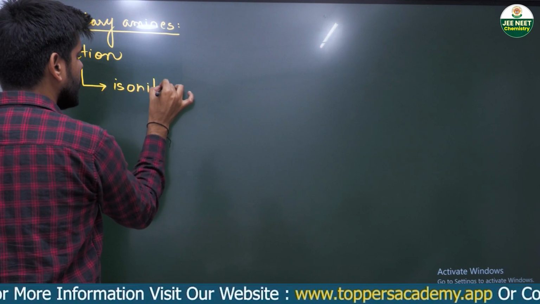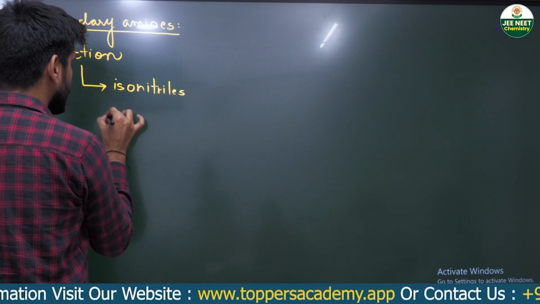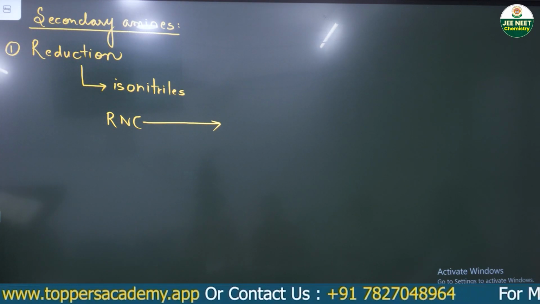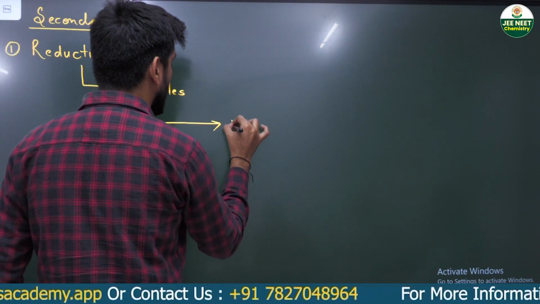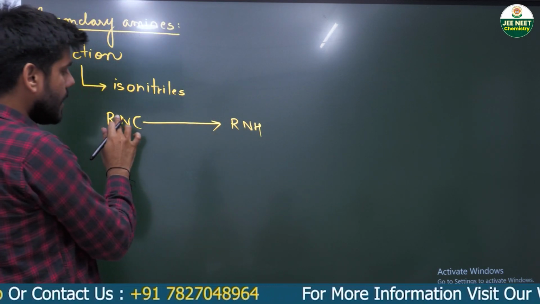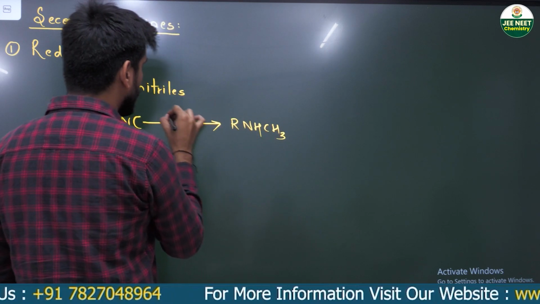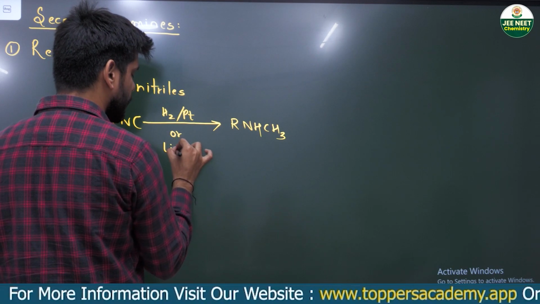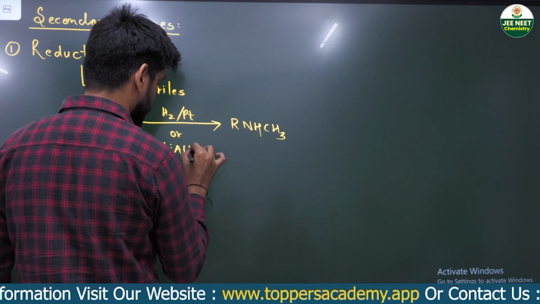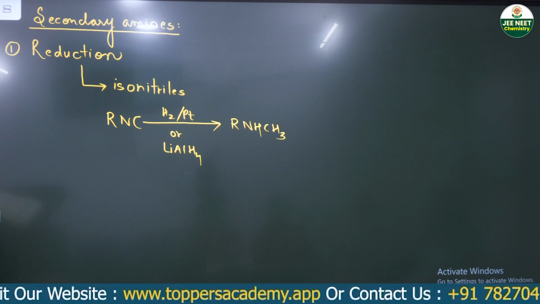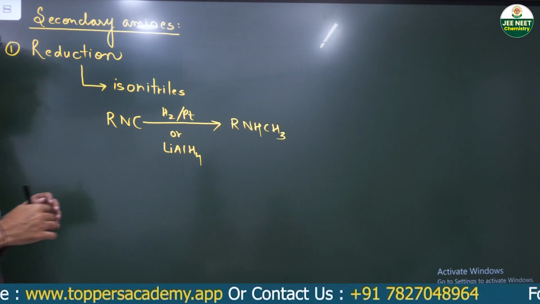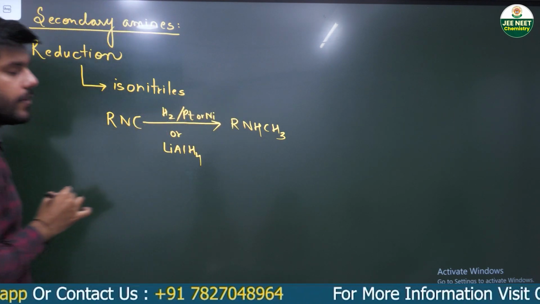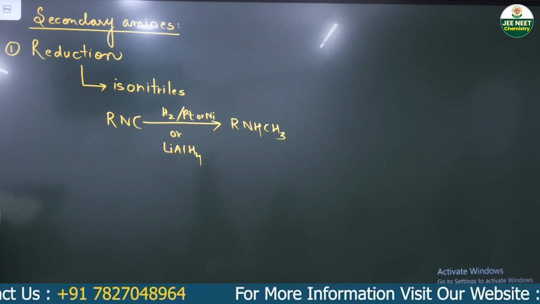So suppose you have R and NC and I want the reduction of this in order to get RNHCH3. What you can use? Hydrogen in the presence of platinum, or you can use LiAlH4, or you can also use nickel. Tell me if this is clear.